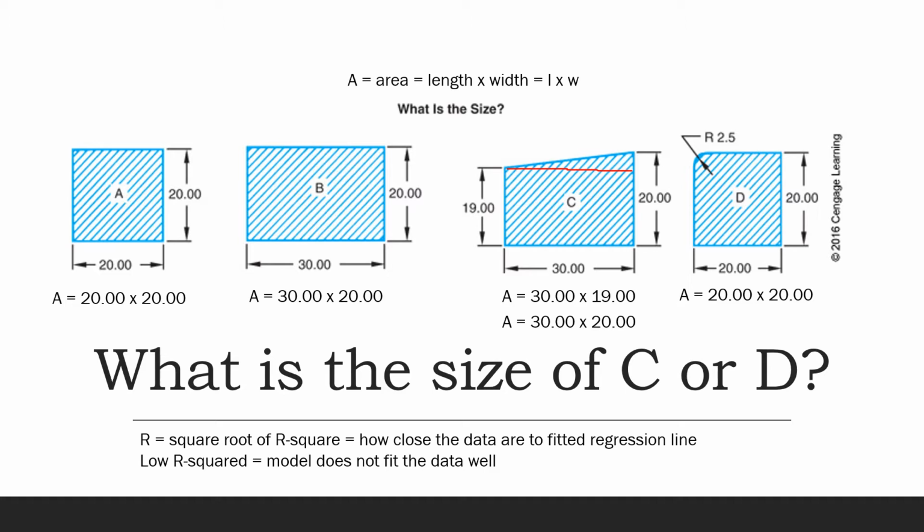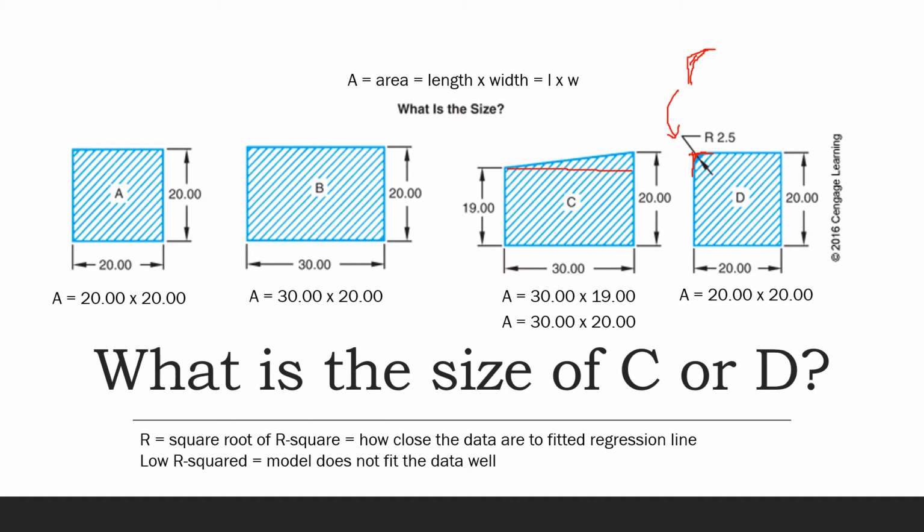But this one, see how it is not a perfect square? You have a little curve at the corner right there, so you're literally losing that. I'm going to draw an exaggerated part right there. So you're losing the little corner right here.